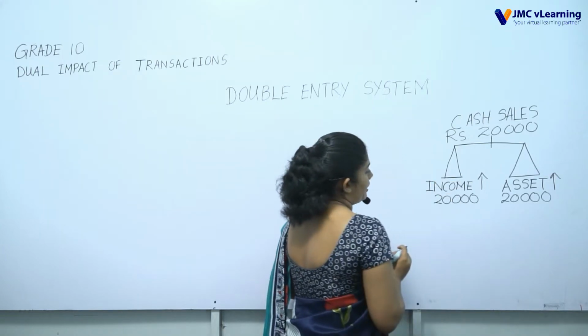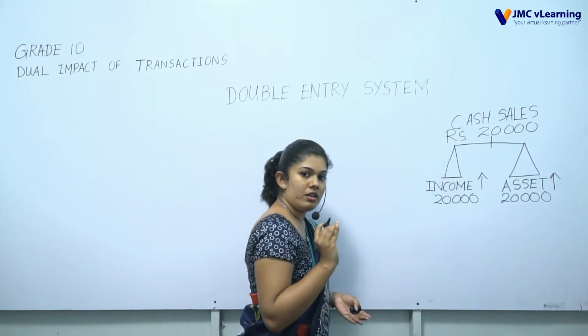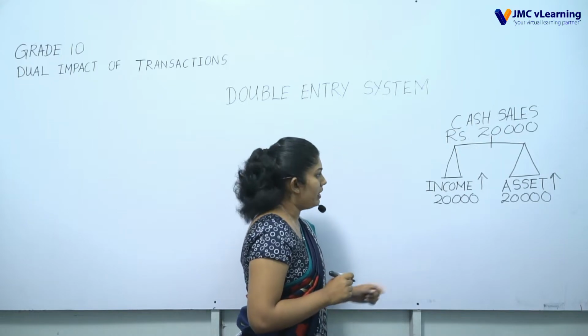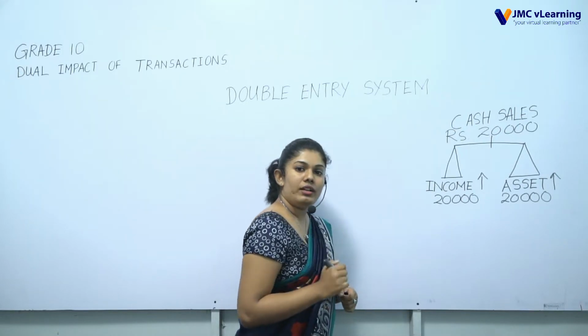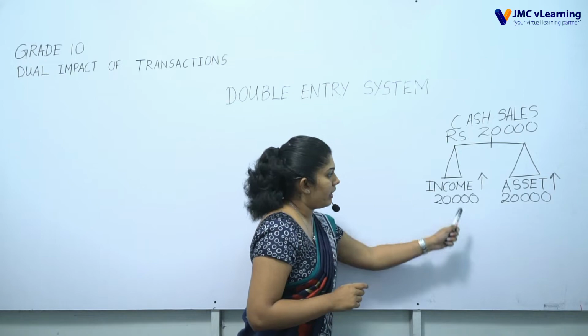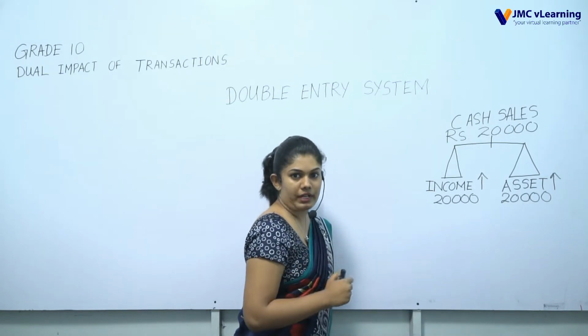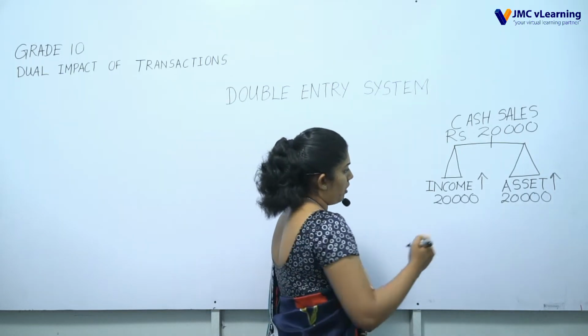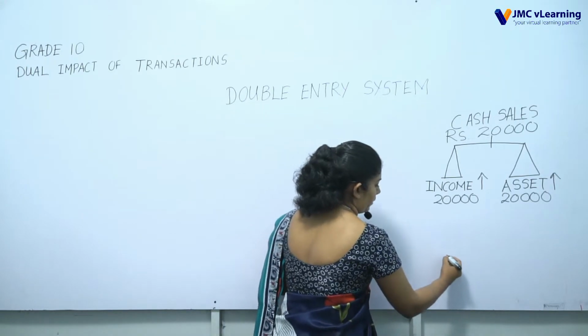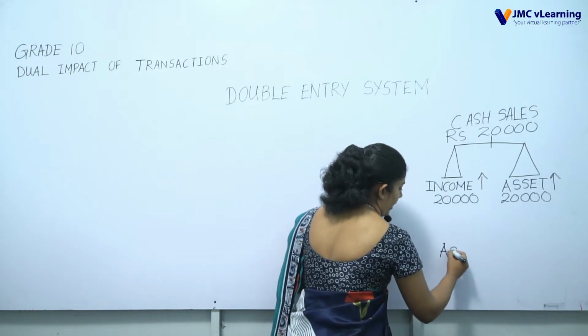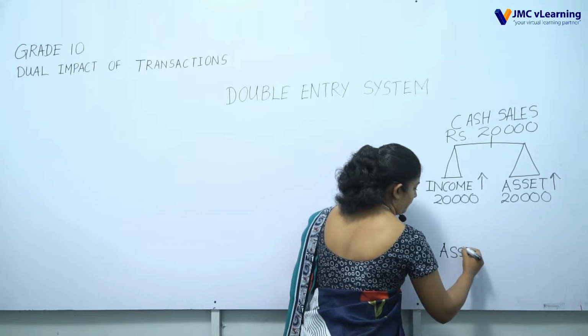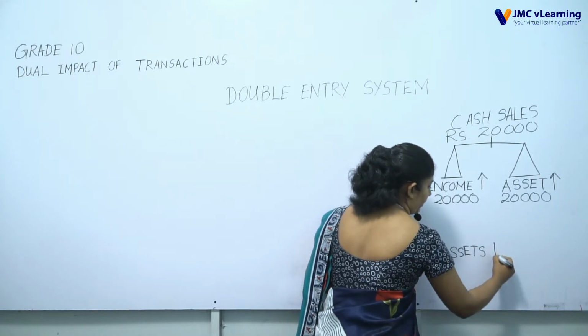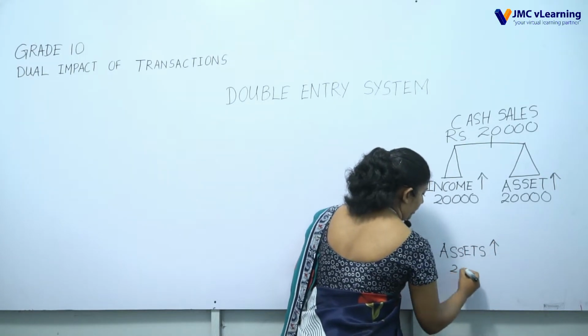Just think for a minute. Say we didn't record the income entry. We only record the asset increasing, cash increasing by 20,000.